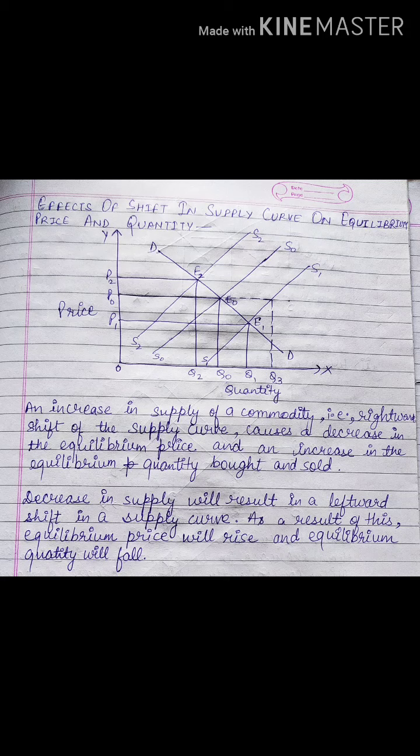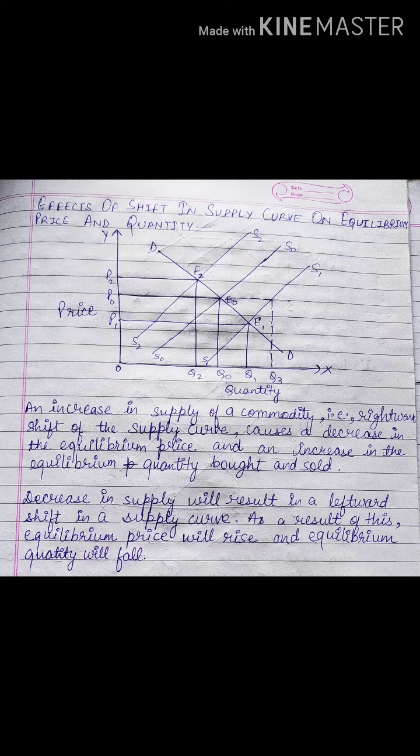You can see, as soon as my supply curve moved towards right, my equilibrium price has come down, and there is an increase in the equilibrium quantity bought and sold. The quantity has increased, but my equilibrium price has come down.